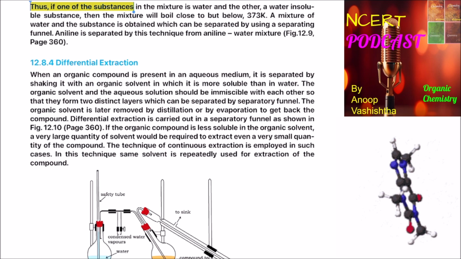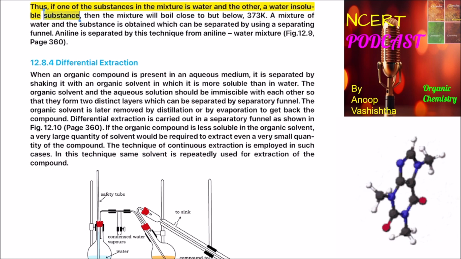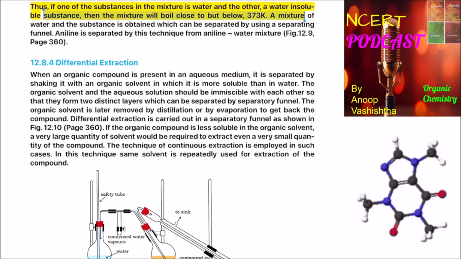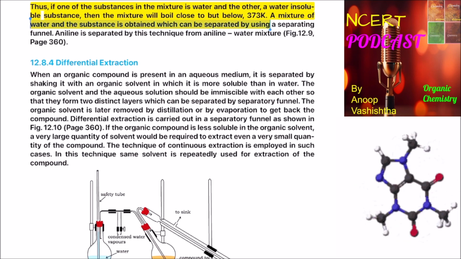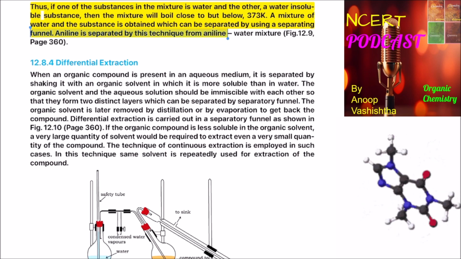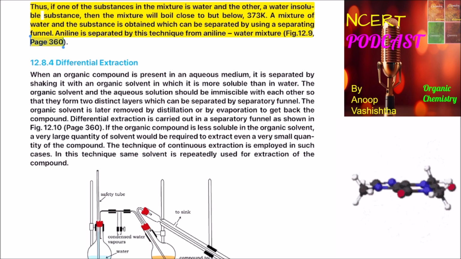Thus, if one of the substances in the mixture is water and the other a water insoluble substance, then the mixture will boil close to but below 373 Kelvin. A mixture of water and the substance is obtained which can be separated by using a separating funnel. Aniline is separated by this technique from aniline water mixture, figure 12.9, page 360.